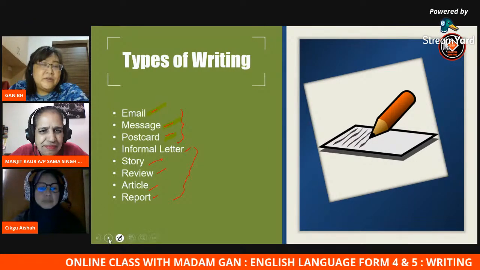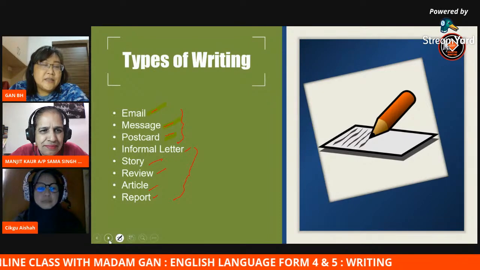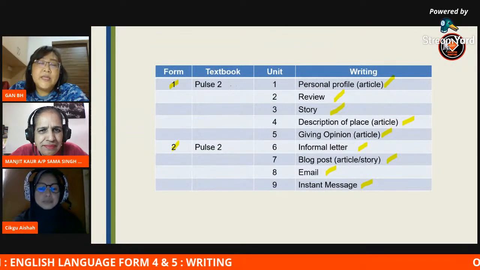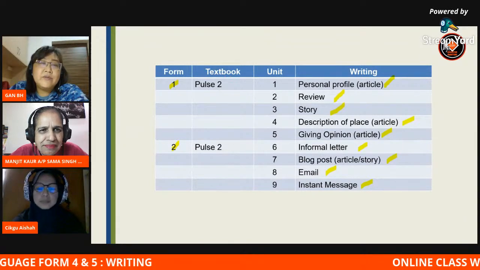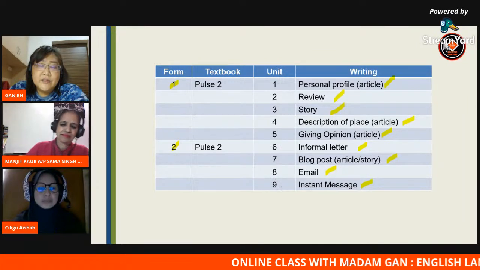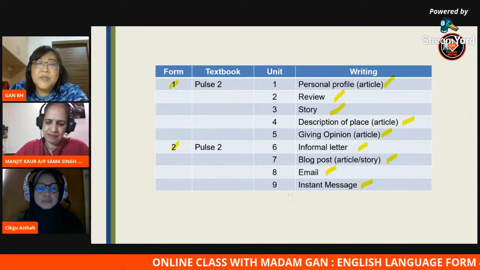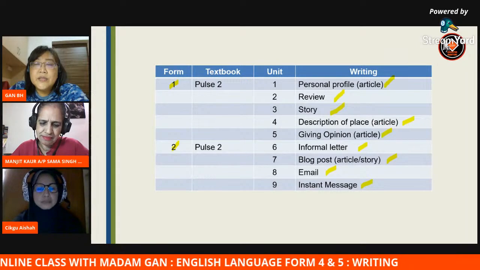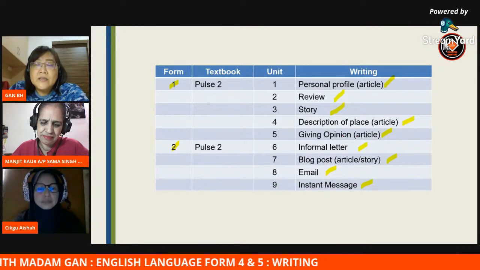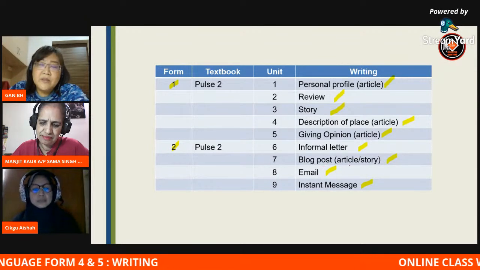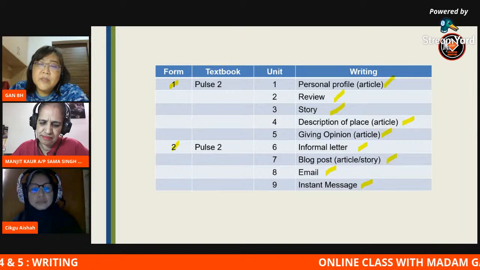Again, let's look at what I shared just now. What are the topics for your textbook? Form 1, Form 2, we are using PALS. Here you can see all the lists I mentioned earlier. There are 9 topics. You see article, review, story, description of place, article, informal letter, then a blog post. A blog post can be partially article, partially story.